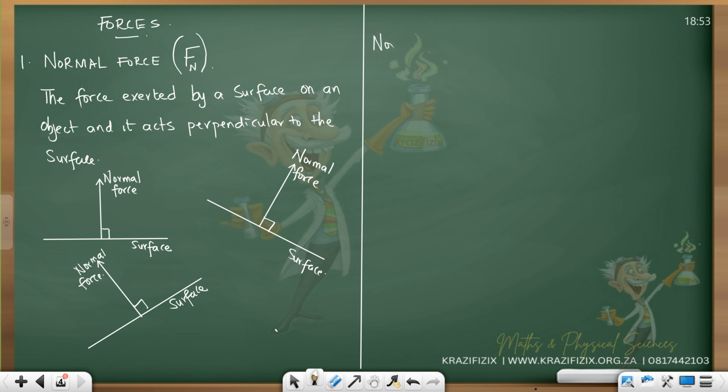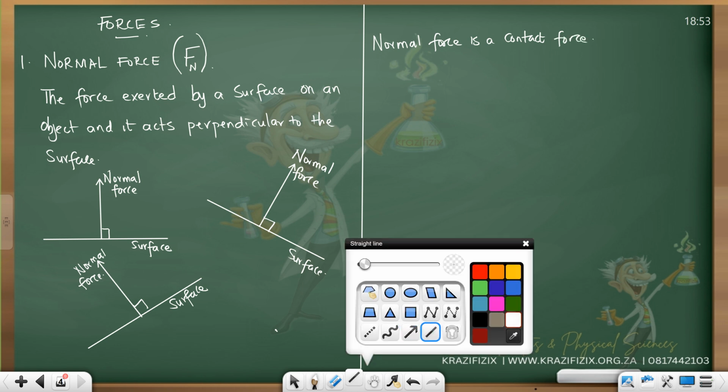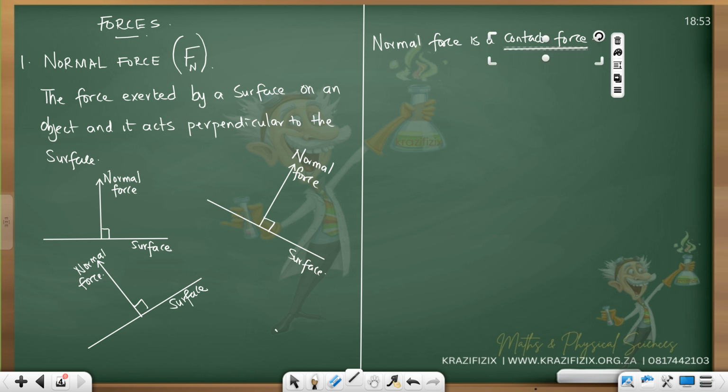Normal force is a contact force. The word contact. What does the word contact mean? Touch. It must touch. Good. It means the object must touch the surface.